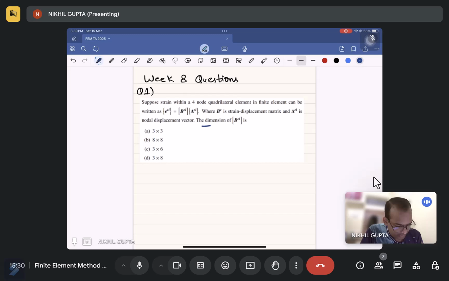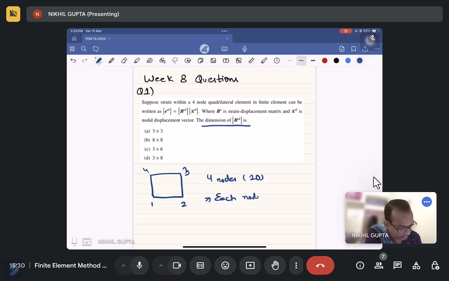You have to find the dimension of B. So for a 4 noded quadrilateral element, we'll make this 1 2 3 4. Since it's 2D, each node will have 2 degrees of freedom, so a total of 8 degrees of freedom.